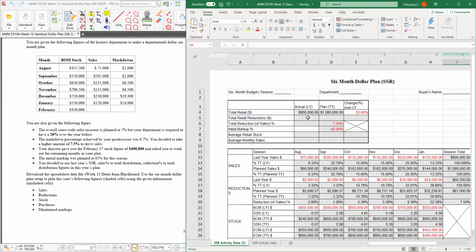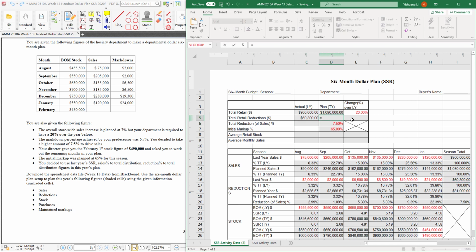Now how about the sales here? Okay, the total retail reductions for last year equals the sale here, the season total column and last year's dollar reduction row.